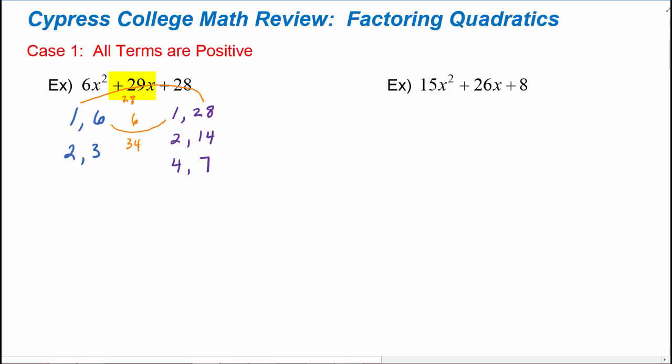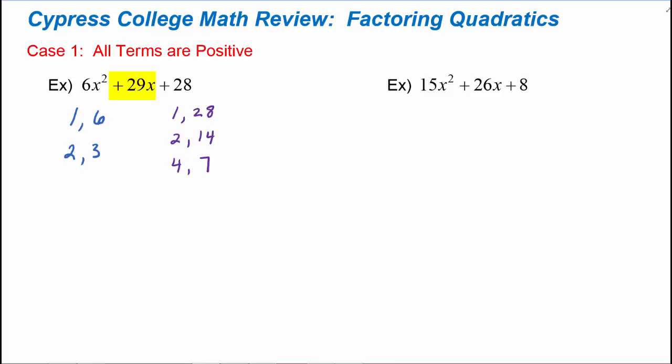Now 34 doesn't work because we need 29. So that's not the right ones to pick. And so you'll go through choosing factors, plugging in and seeing which ones might work.